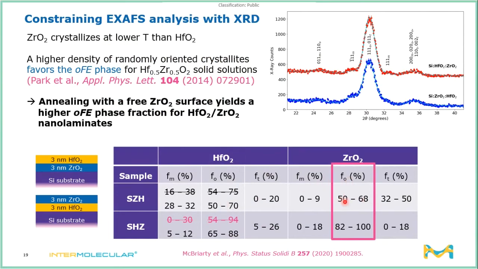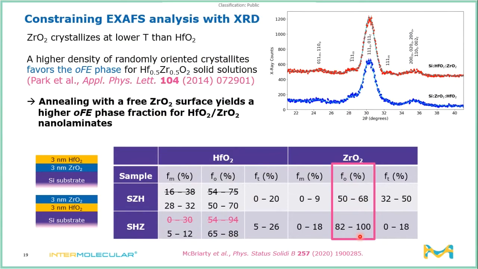As you can see here, depending on whether zirconium is on the bottom or the top, the percentage of ferroelectric orthorhombic fraction changes dramatically between those two conditions. So zirconium oxide crystallizes at lower temperature than hafnium oxide, and therefore it has a higher density of randomly oriented crystallites. And this type of crystallization favors the orthorhombic ferroelectric phase.